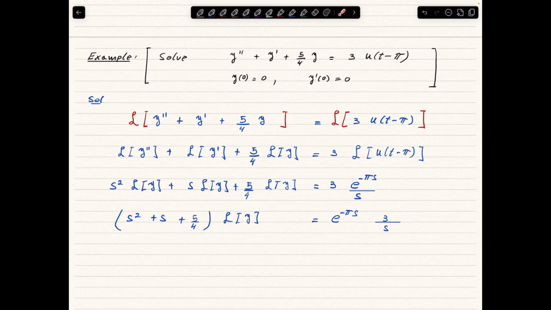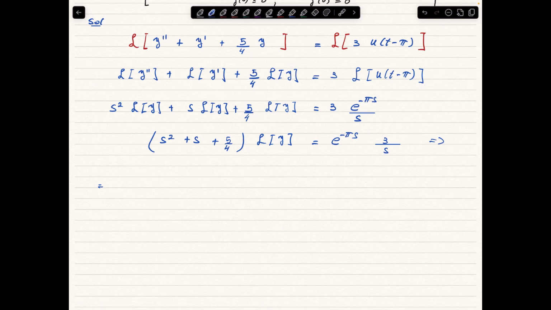We are kind of splitting the exponential from the rest. Okay, and this looks a little bit ugly, so let's put it here. And now we divide by the polynomial that we have on the left, and that's our Laplace transform of y.